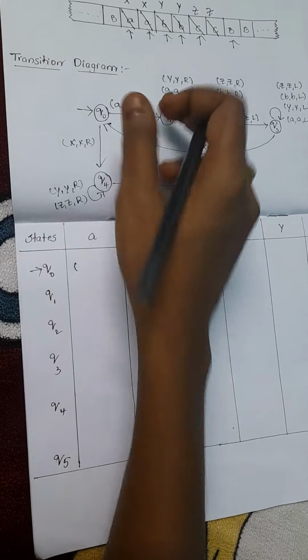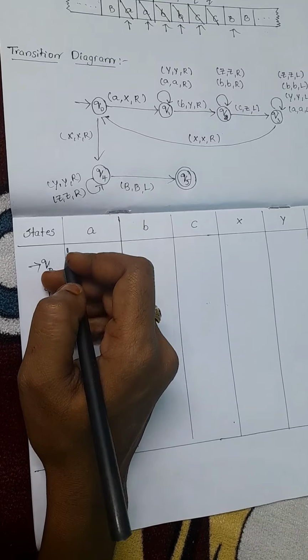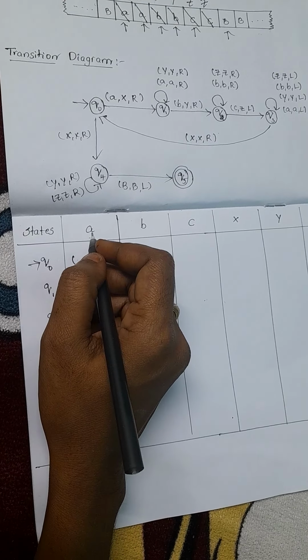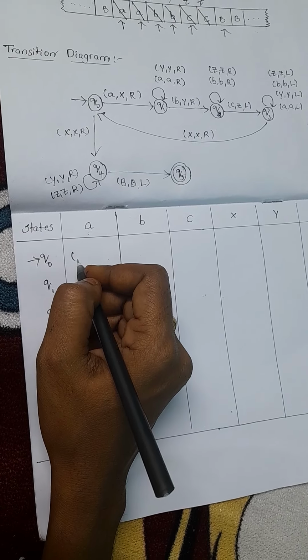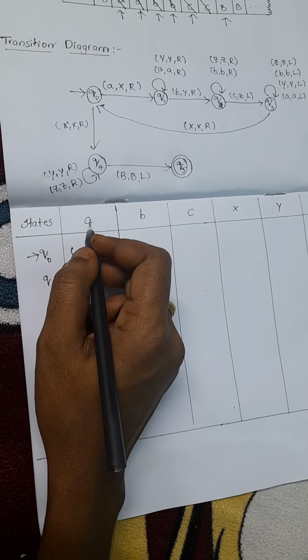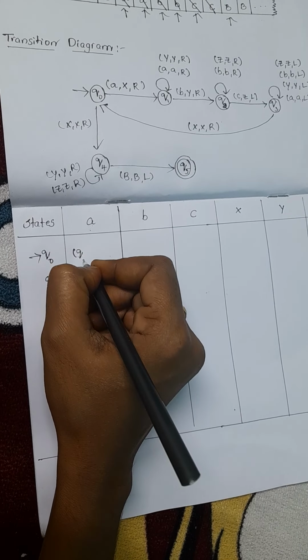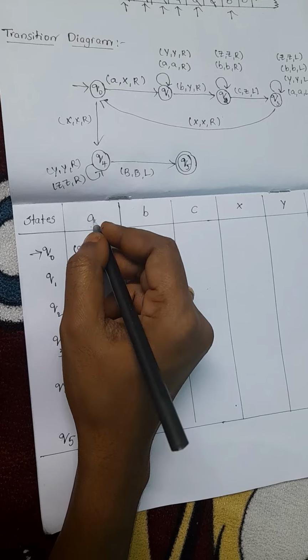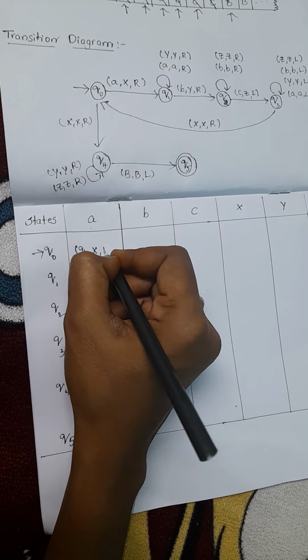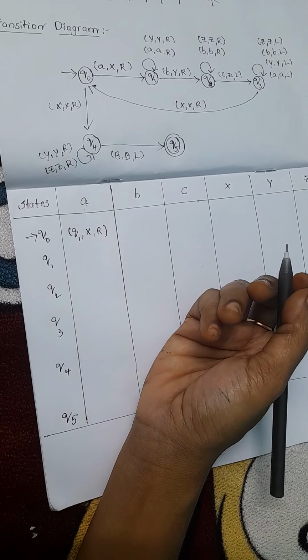Here we need to write the state change, since A is already here. So while we are reading the first A from Q0, we will move to Q1 state, and A is changing to X, and we need to move right side. That is the difference here.